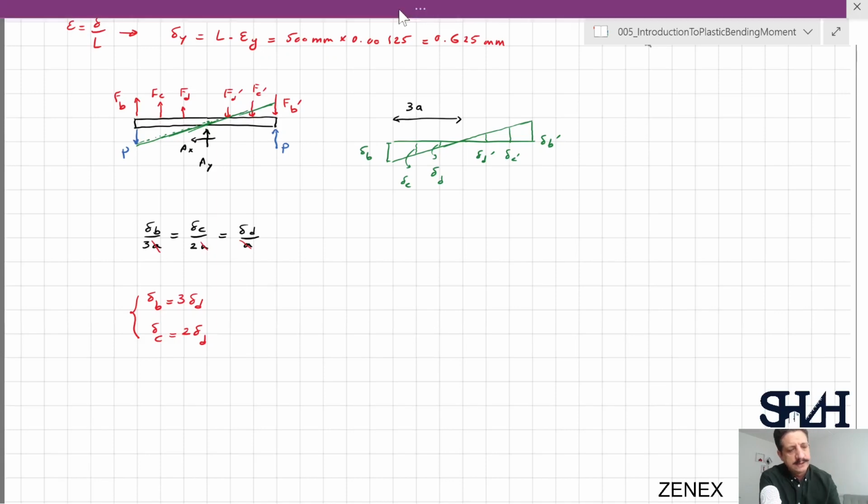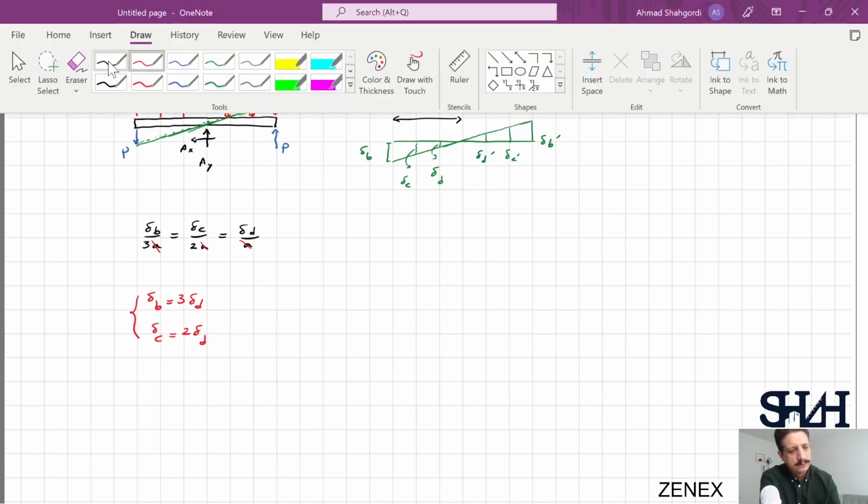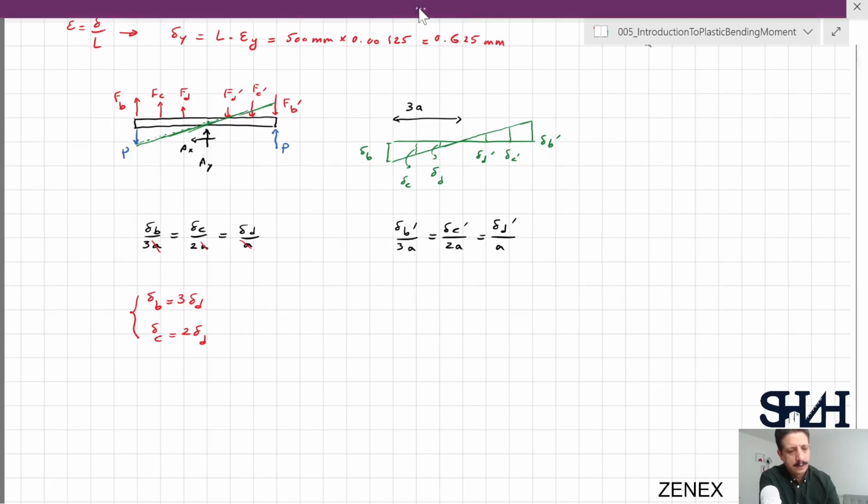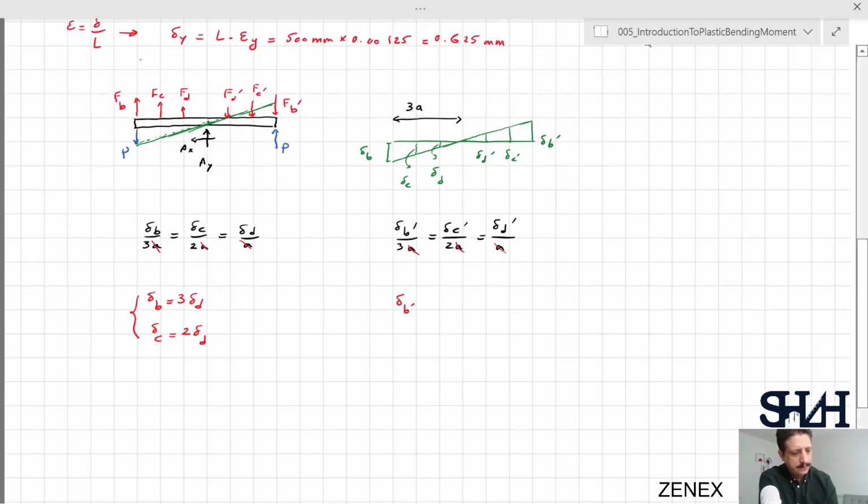Similarly, we can write the same equation for the right side of point A rods: delta B prime divided by 3A, delta C prime by 2A, delta D prime by A. And then delta B prime will be 3 times delta D prime and delta C prime 2 times delta D prime.